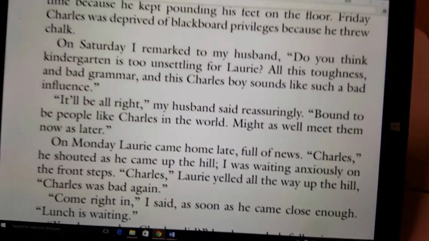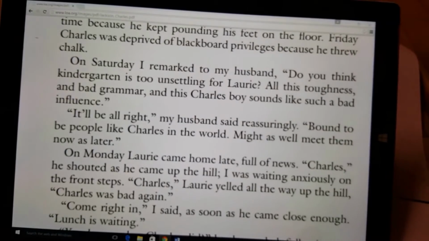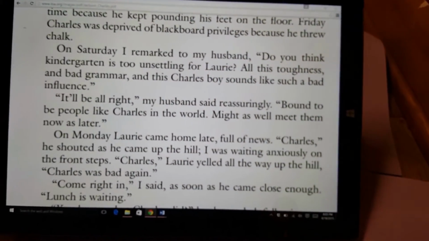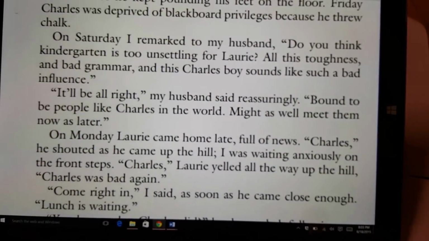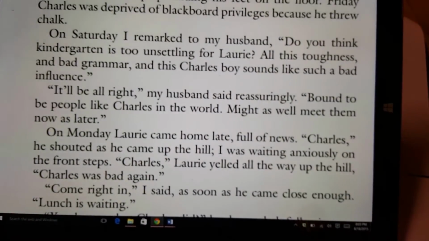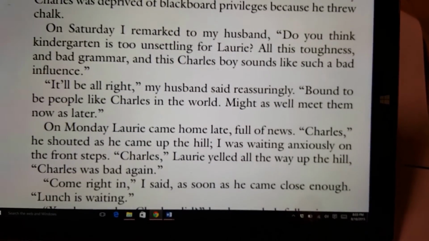So that tells us why she thinks that kindergarten might be too unsettling for Lori. So let's go back to our paper and let's put it in a complete sentence so that we can cite evidence from the text that supports our answer. Okay? All right.